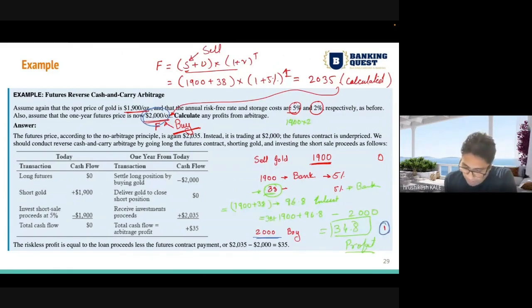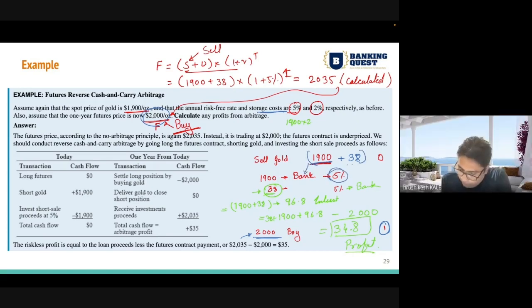That means I will buy gold at 2000 after 1 year. Today I am going to sell the gold at 1900. I am going to save 38 on the cost, which is called the storage cost. Both 1900 plus 38 will be put in the bank at 5% interest.